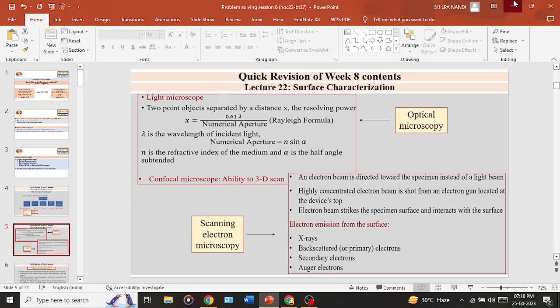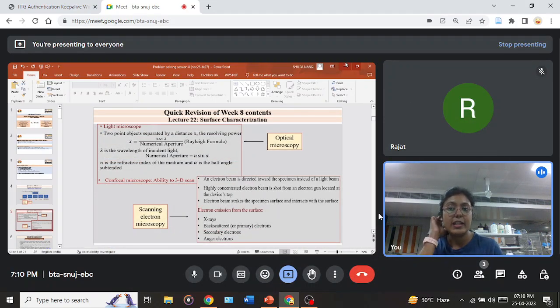Light microscopy is based on the Rayleigh formula. For two point objects separated by a distance s, the resolving power or the Rayleigh criterion, x, is given as 0.61 lambda divided by the numerical aperture. Here lambda is the wavelength of the incident light, and the numerical aperture is eta sine alpha, where eta is the refractive index of the medium and alpha is the half angle subtended.